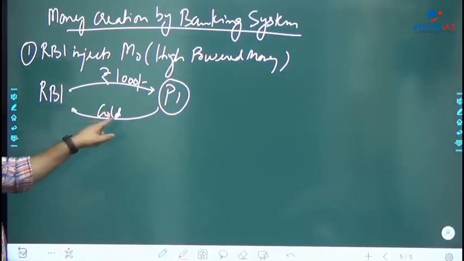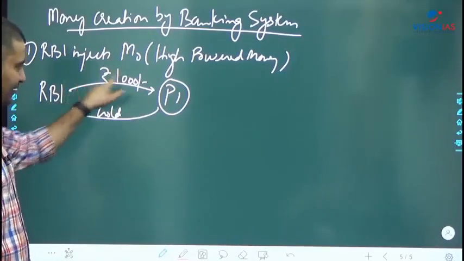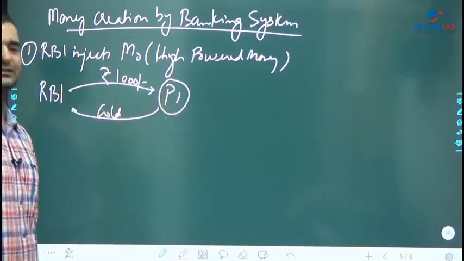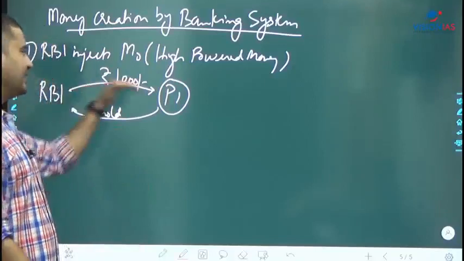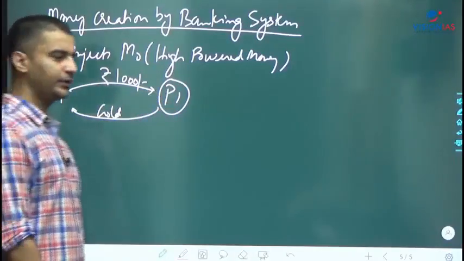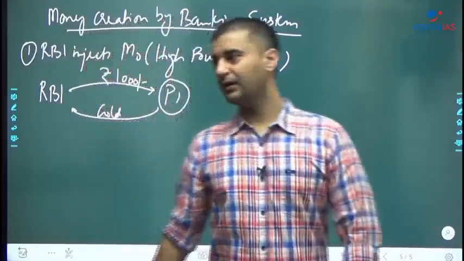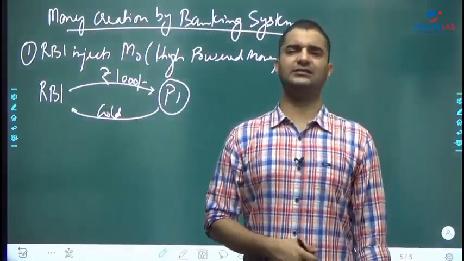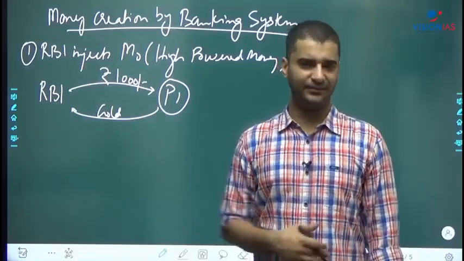So an asset has been purchased and 1000 rupees ka asset hai, 1000 rupees are now in the economy with person 1. Let's say this person 1 was a jeweler, so RBI has given this 1000 rupees to person 1 and buys gold from it. By the way, one more thing, RBI does not deal with some random person directly.